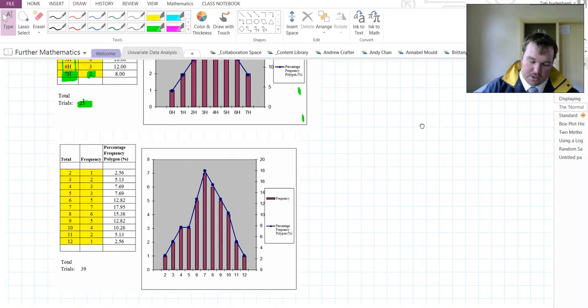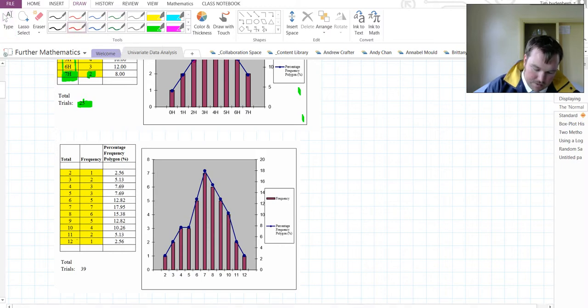Similarly, we could toss a pair of dice. And as we toss a pair of dice, we add the totals together from 2 to 12. And if I did this 39 times, for example, I would get that outcome once, 12 once, and 2 once. But in the middle, it happens far more likely.